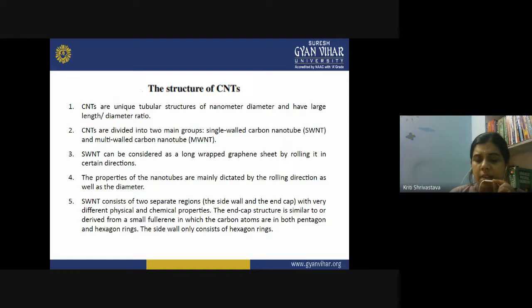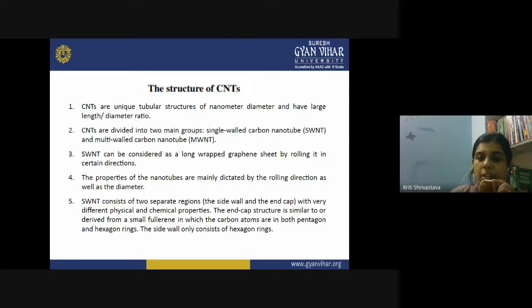It can be any dimension that exists in the nanoscale, and we call it a nanomaterial. So, in the case of carbon nanotubes, which part is in the nanoscale? Their diameter. However, their length could be really high. The length could be really high, but the diameter is in the nanoscale.